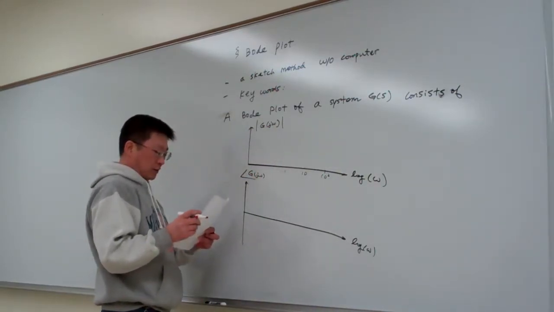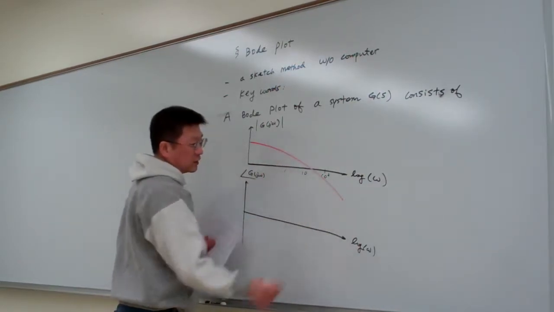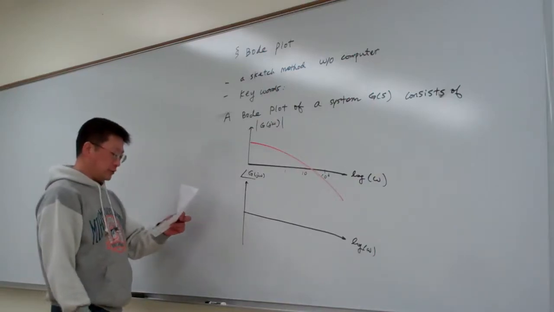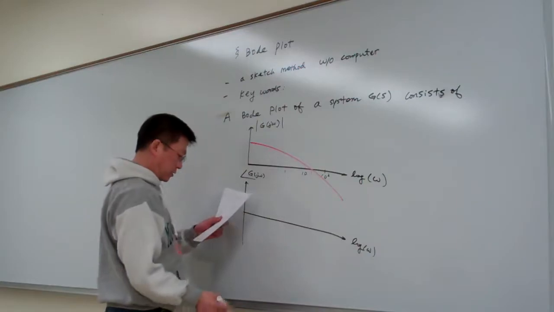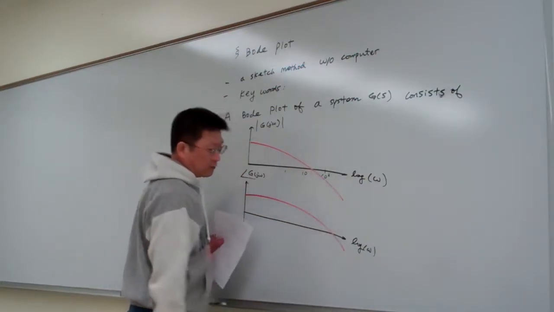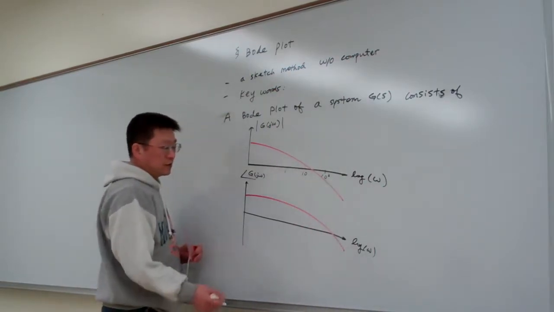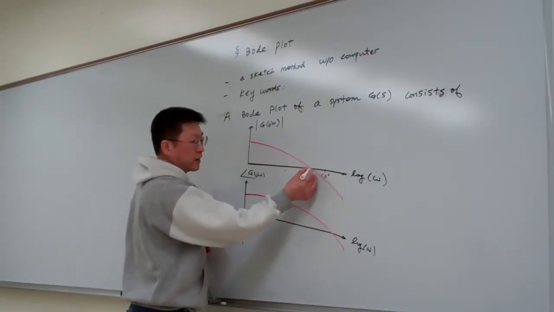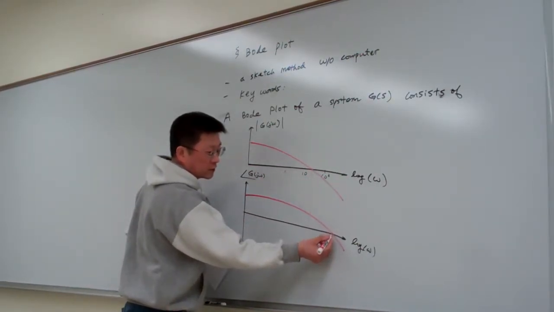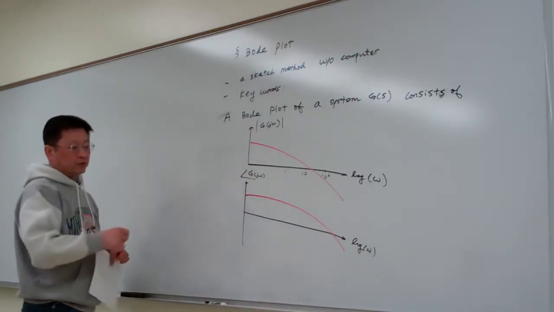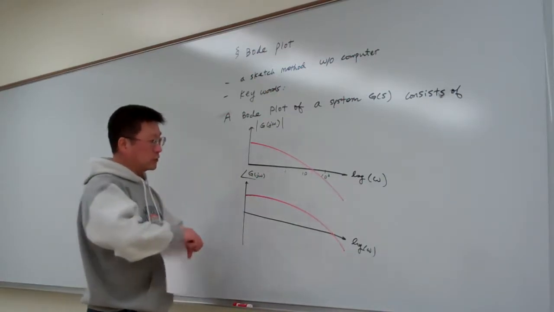Say this is the curve for the magnitude, and corresponding to here, the curve for phase would be like this. So here you can see, pay attention to the intersections of the magnitude curve or the phase curve to the horizontal axis. And that is where we have a few things we are going to define.